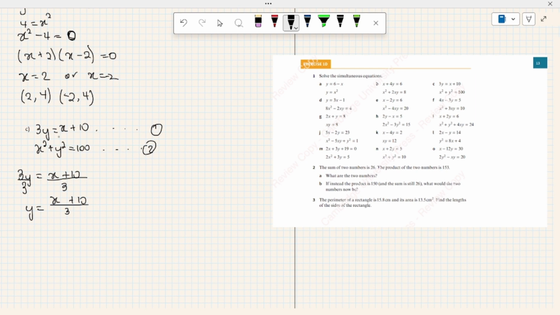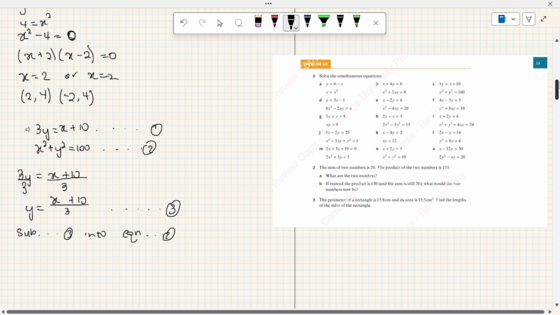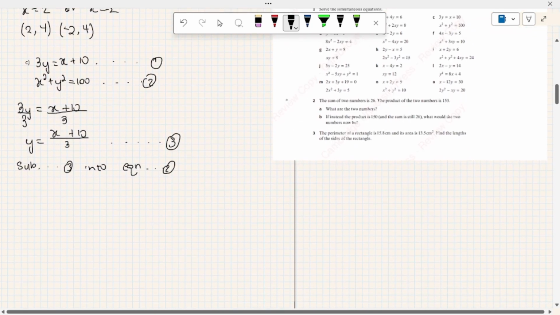So now what are we going to do? This is equation 3. We're going to substitute equation 3 into equation 2.